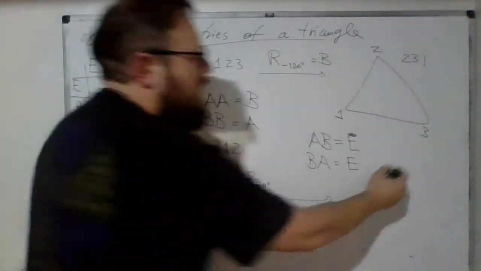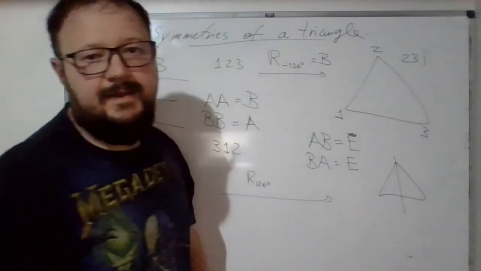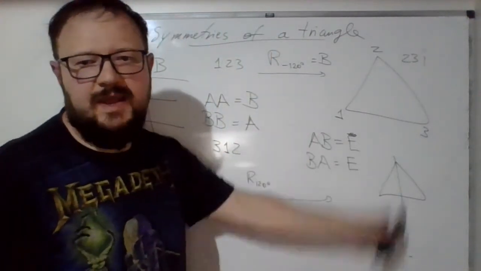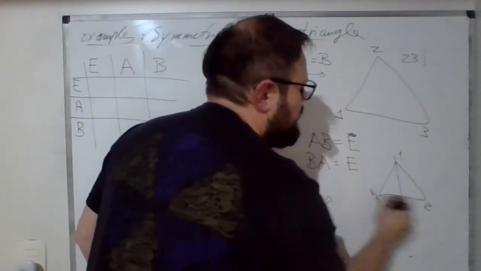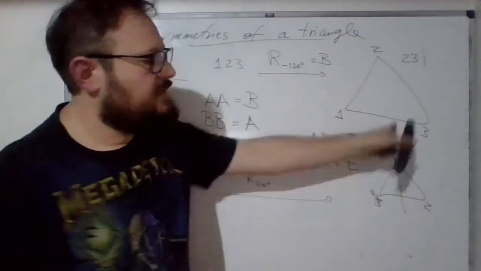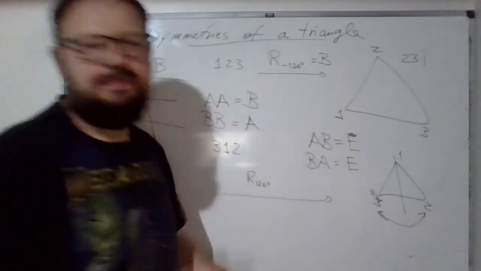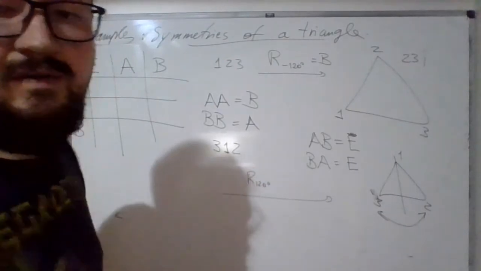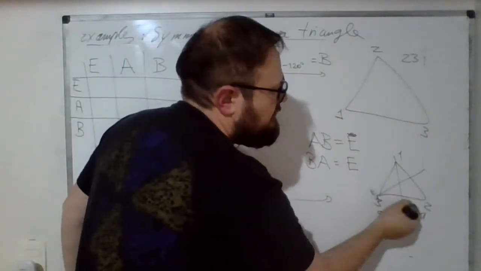You also have to consider reflections by mirror planes here. So one, two, and three. If you reflect by a mirror here, the 2 and 3 numbers get exchanged. All right, and you have 3 mirror planes in a triangle.